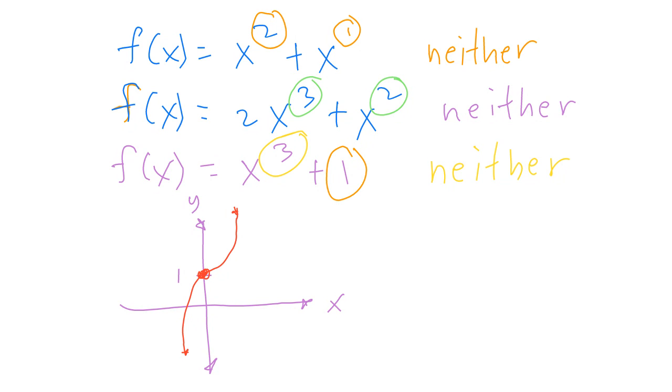Okay, so one last example would be if you're looking at f of x is equal to x to the power of 4 plus x to the power of 2. As you can see, you have a power of 4 and a power of 2, and those are even powers.